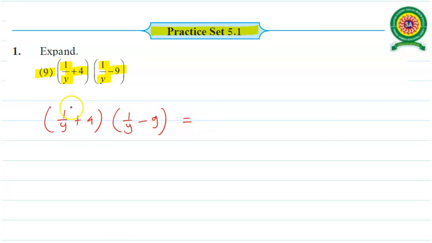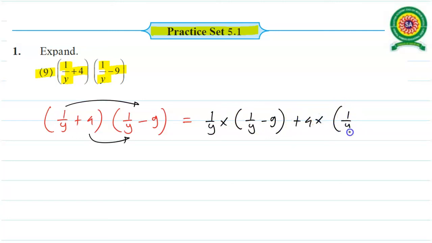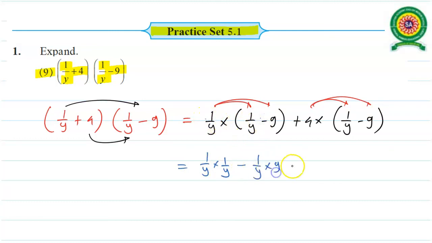Let us distribute firstly 1 upon y over the second bracket and nextly 4 over the second bracket. So that we are getting 1 upon y into 1 upon y minus of 9 plus 4 into 1 upon y minus of 9. Now let us distribute this 1 upon y and 4 over the bracket, so that we are getting 1 upon y into 1 upon y, plus minus becomes minus 1 upon y into 9, plus plus becomes plus 4 into 1 upon y, plus minus becomes minus 4 into 9.